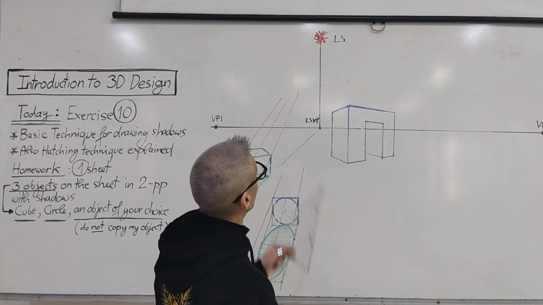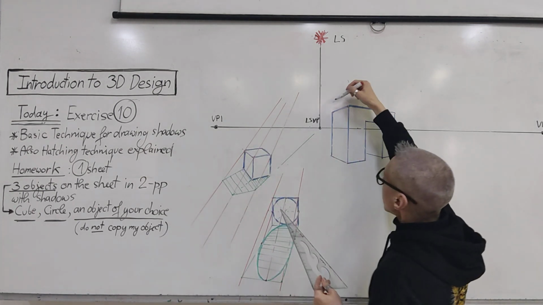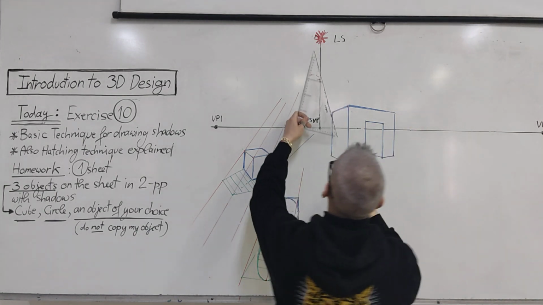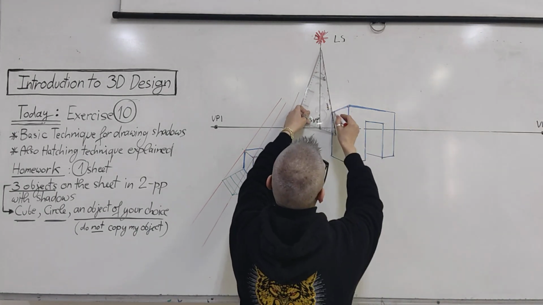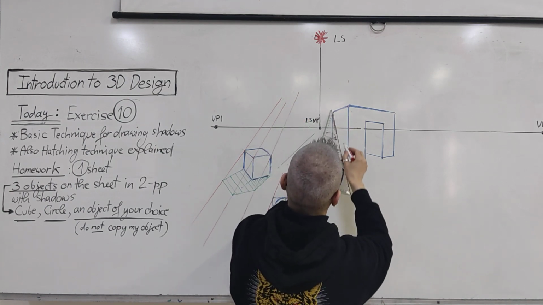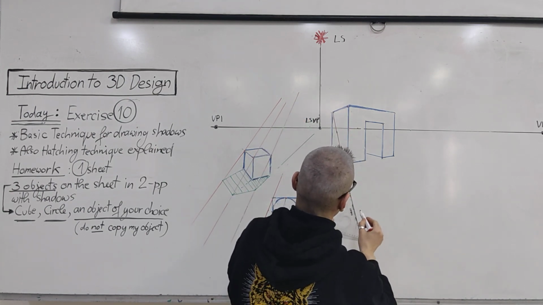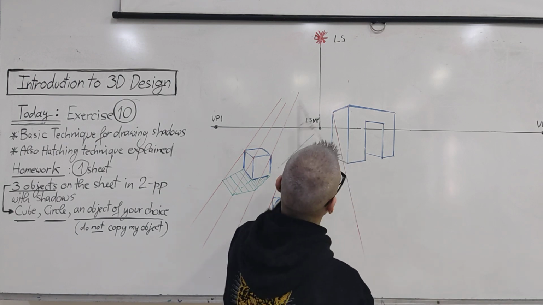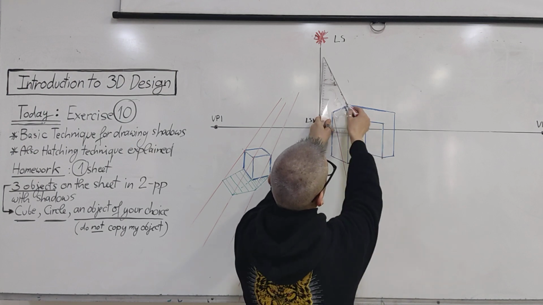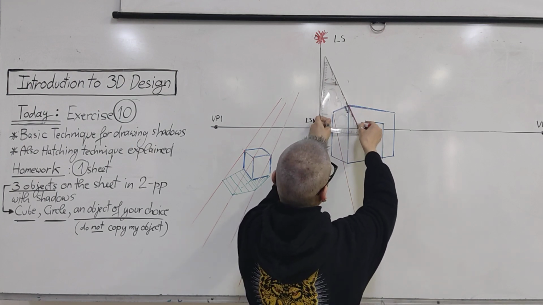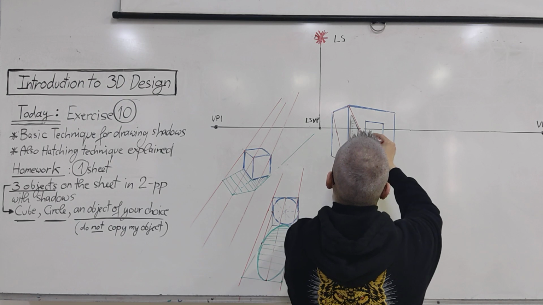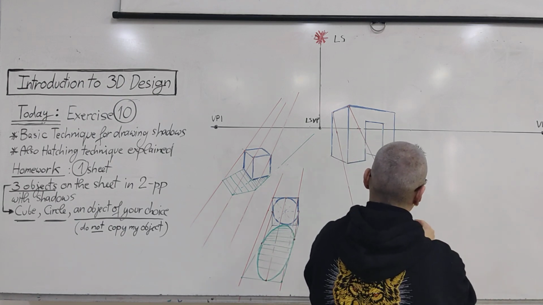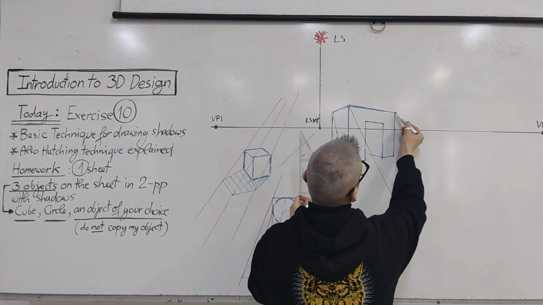Okay, so now the light source and the upper points. Through all these upper points, I will draw lines, okay? Again, I will draw it as tall as possible because I don't know how much I will need. Again, the light source through this point, and this point.